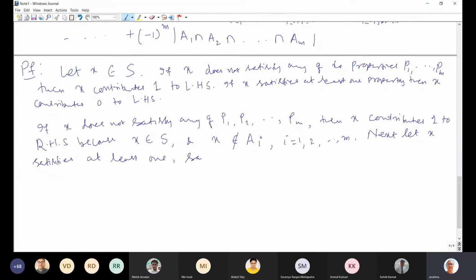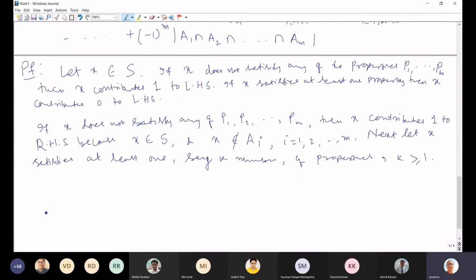It satisfies k number of properties, where k is greater than or equal to 1. That's what we want to say.